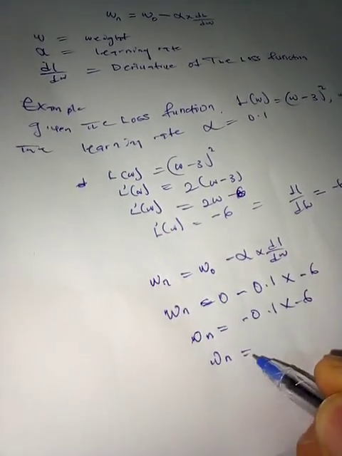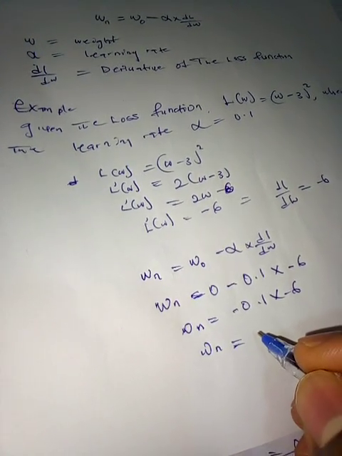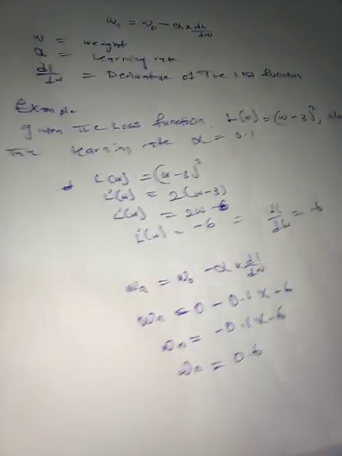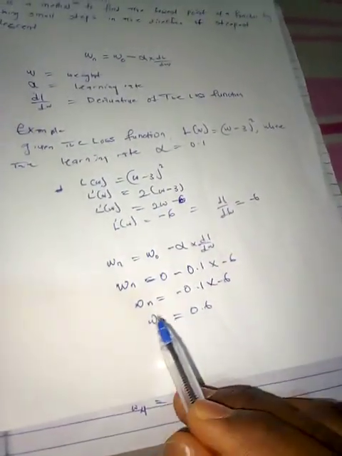W subscript n is equal to 0.6. That will be our final answer for this question. So the lowest point of this function is 0.6.